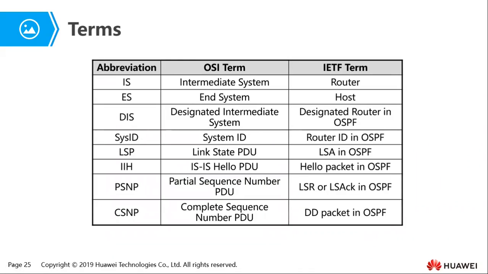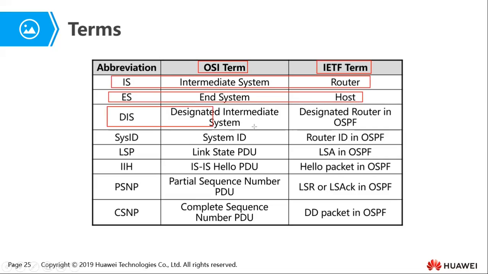This is just a list of some of the terms that we've come across so far and how they are referred to by these different teams. An IS, intermediate system, is simply a router. ES, end system, IETF, they call it host. Then designated intermediate system, or designated router in OSPF.